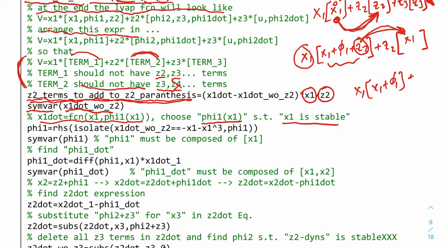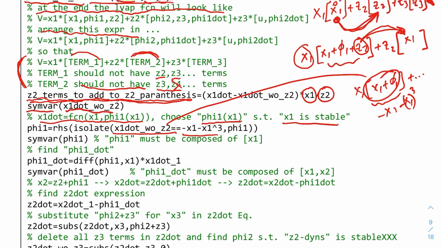If we have x1 plus phi1 dot, equate this to minus x1, or you can also equate it to something else, and isolate. You can't just say solve, you need to say isolate.